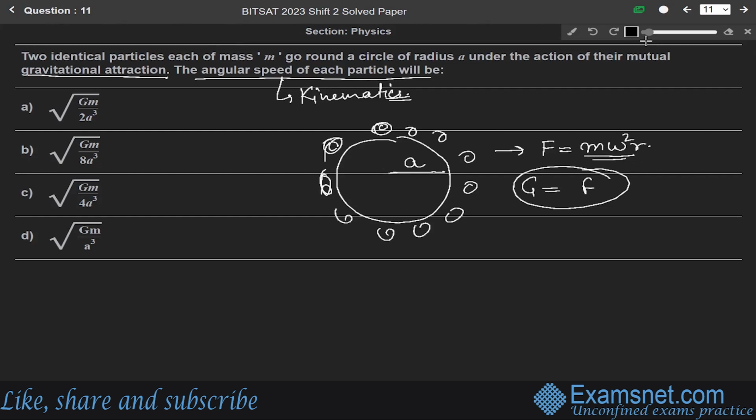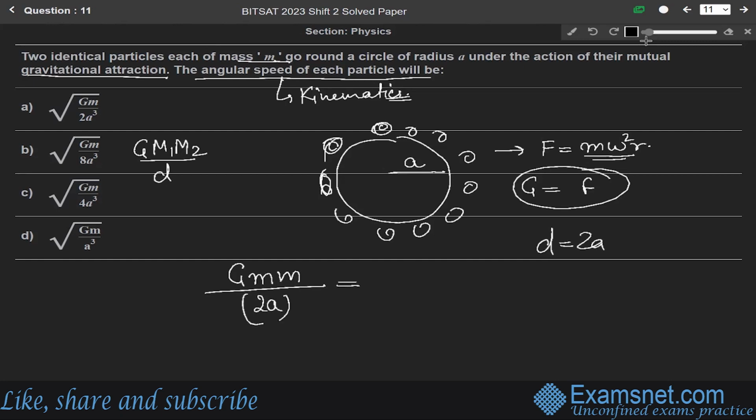We know the gravitational force is G m1 m2 over the distance squared. Since both have mass m, we write G m square over the diameter squared. The radius is a, so the diameter will be 2a, so it is G m square over 2a square.